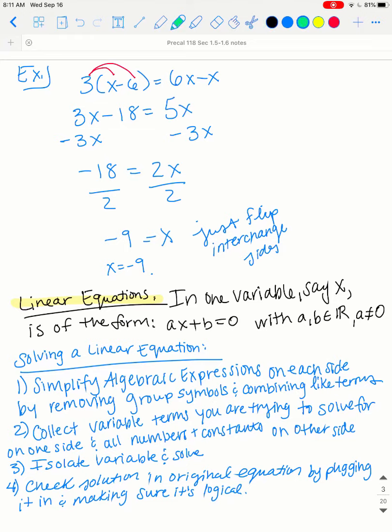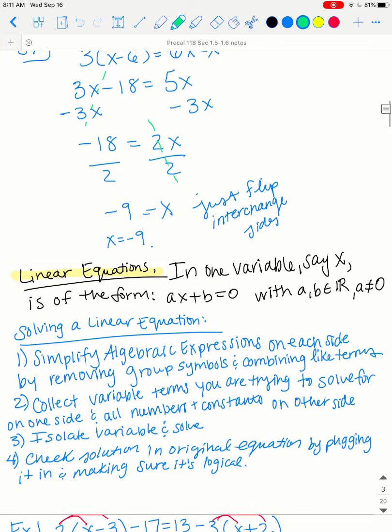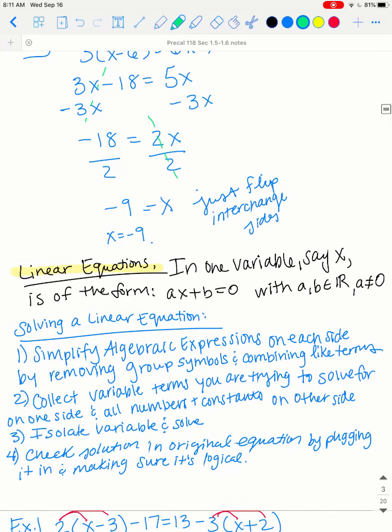Subtract 3x from both sides, because we want to get all the x's together. So then negative 18 equals 2x. Then we divide by 2 to get the x by itself. So x equals negative 9, and then I just flipped it so the x could be on the left side. So our solution set is x equals negative 9.